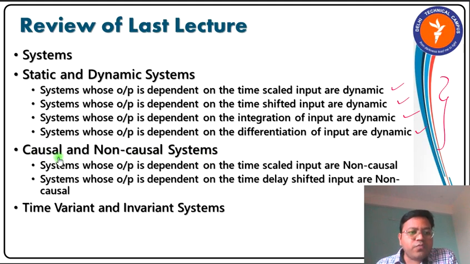So to prove that the given system is a causal one is very necessary when we are synthesizing a certain network or a system, because we can synthesize only practical systems. We cannot synthesize any impractical systems. So non-causal systems were impractical.